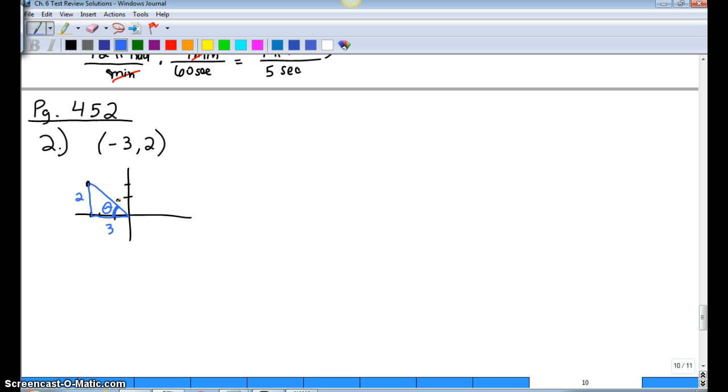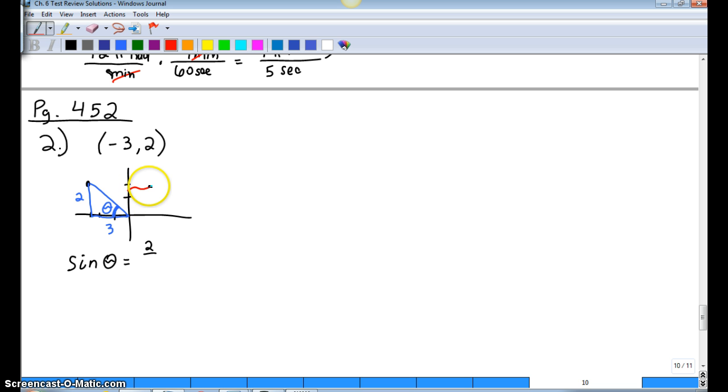Okay, so in setting this up, we need to find sine of theta, which is equal to 2 over, well, we need to find our hypotenuse.